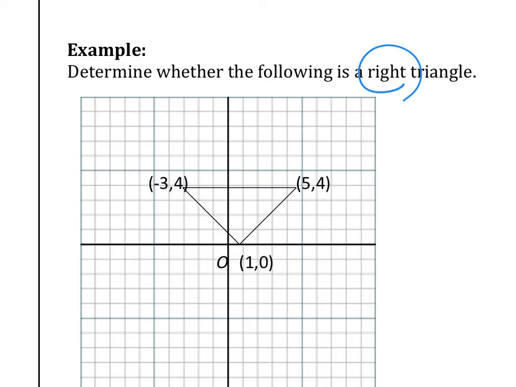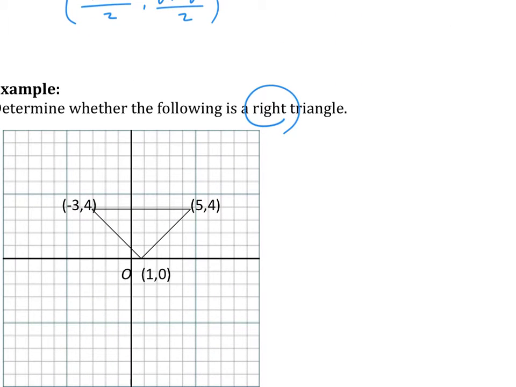If something is a right triangle, it must follow a few things. First, it has to fit the Pythagorean theorem, because the Pythagorean theorem is only applicable to right triangles. So that's one thing. What else can you do to check if something is a right triangle?